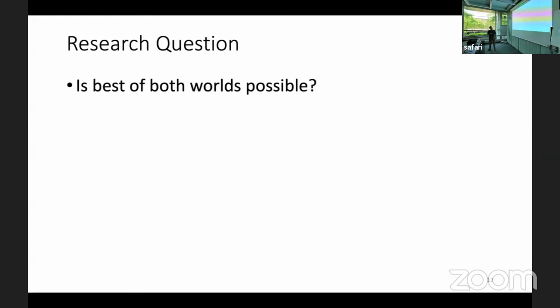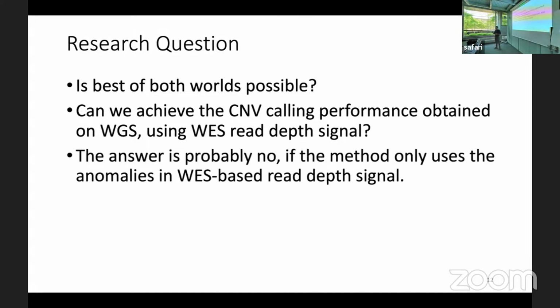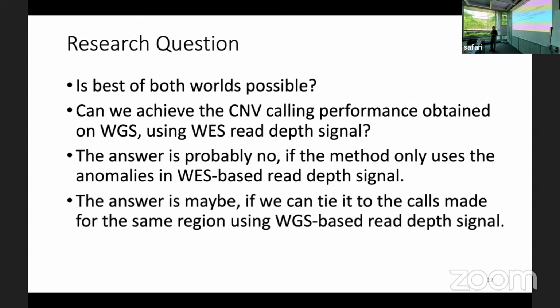So our research question is: are both worlds possible? Meaning, can we achieve the copy number variation detection performance obtained on whole genome sequencing data using the whole exome sequencing read depth signal? So it's going to be fast, cheap, and so on. The answer is probably no if we use only that noisy read depth signal, because there is probably more noise than signal.